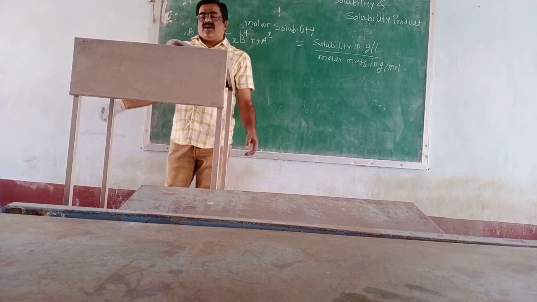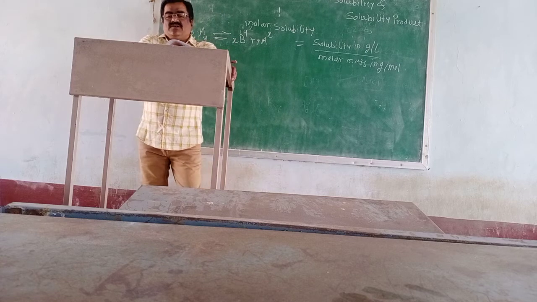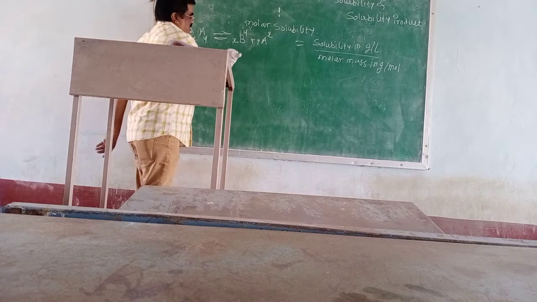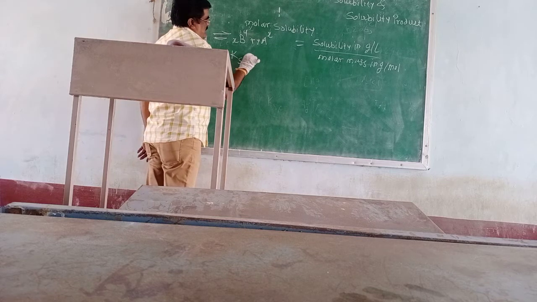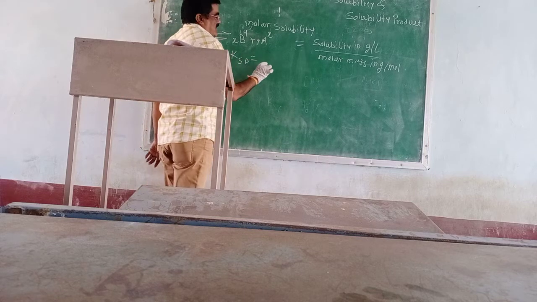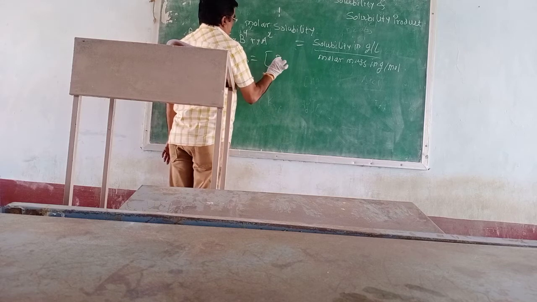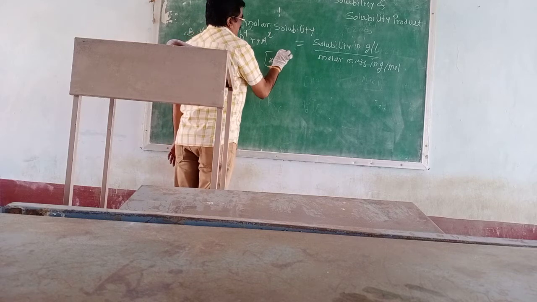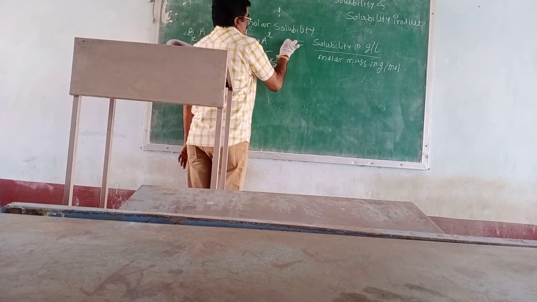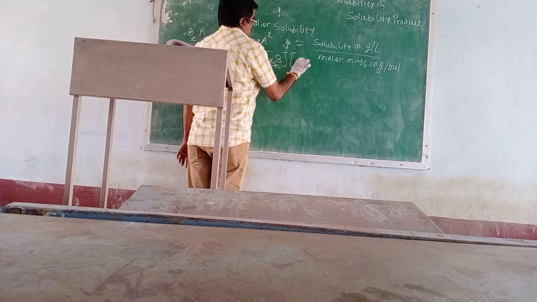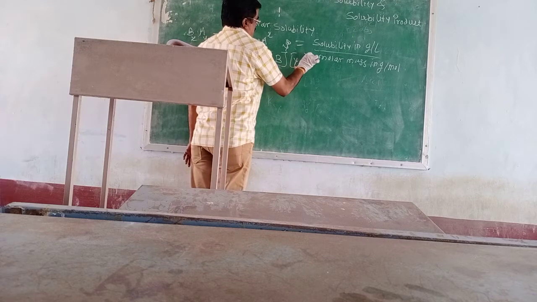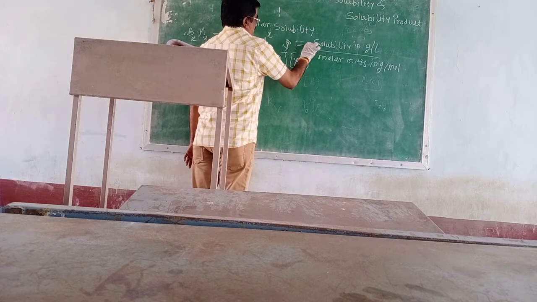The solubility product is given by the equation, that is Ksp is equal to the molar concentration of Bx to the y plus into Ay to the x minus.